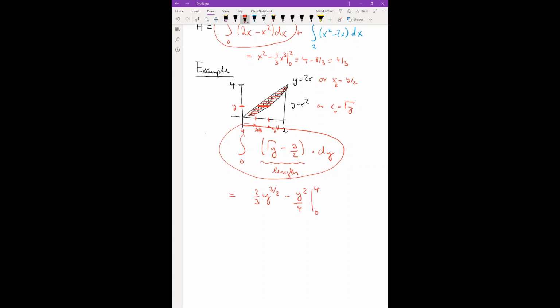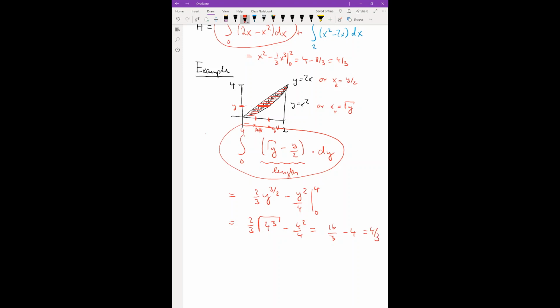Which is the same as 2/3 the square root of 4 cubed minus 4 squared over 4, which is 16/3 minus 4, which is 12/3, which is 4/3.